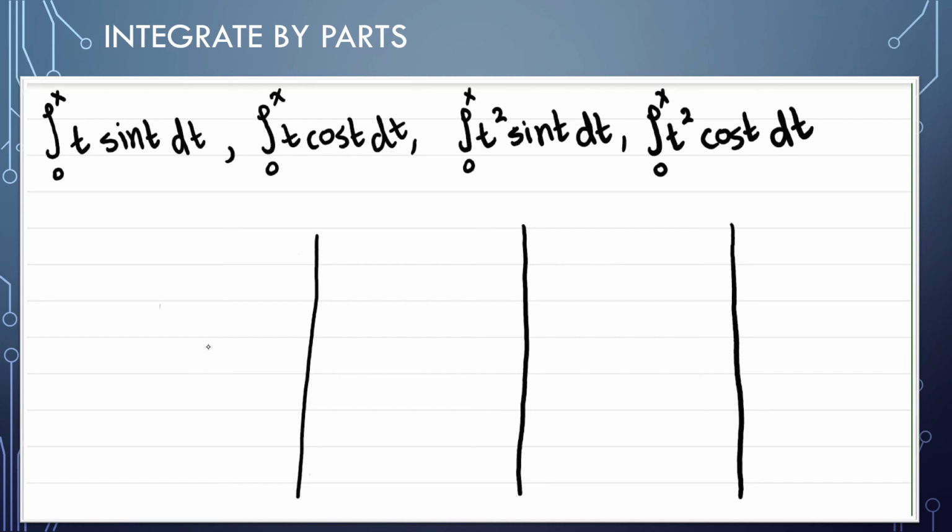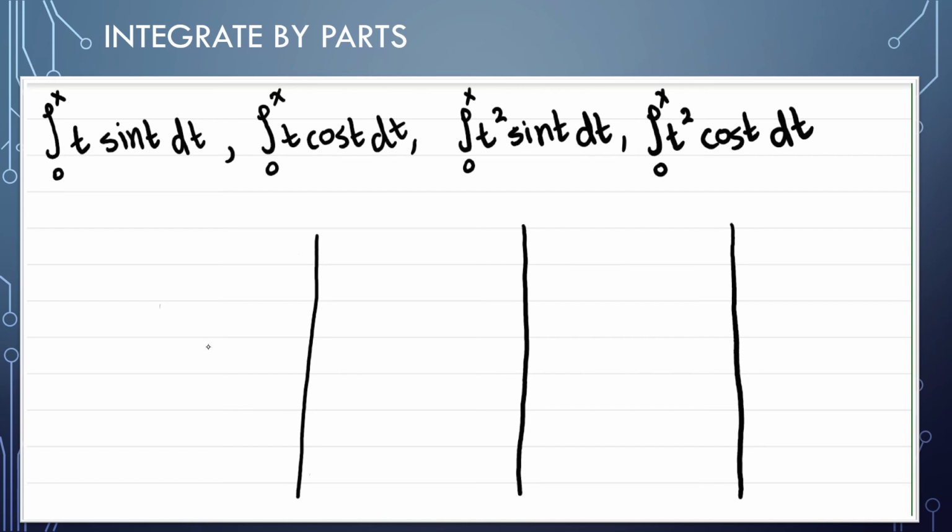So we have here t. If we differentiate it twice, it will give us 0, okay? We have here t again, and here t squared. If we differentiate it 3 times, it gives us 0. But of course, cosine and sine will not give us 0 if we differentiate them.